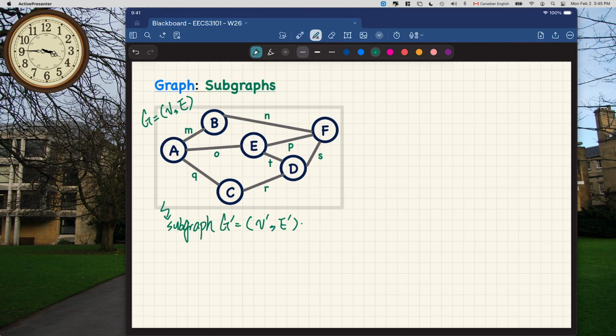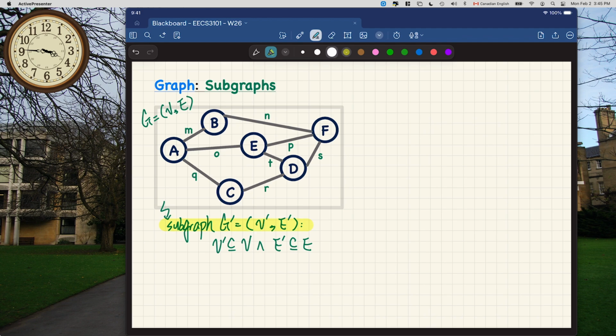Basically, such that V prime is a subset of V, also E prime a subset of E. All right, so that's the definition.